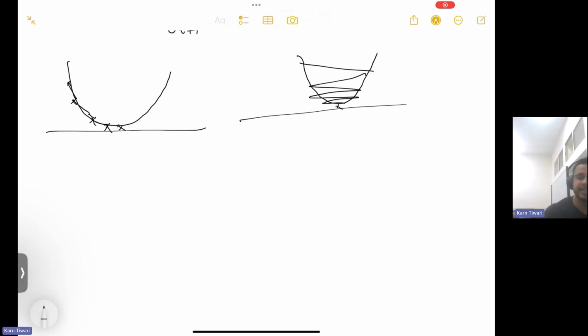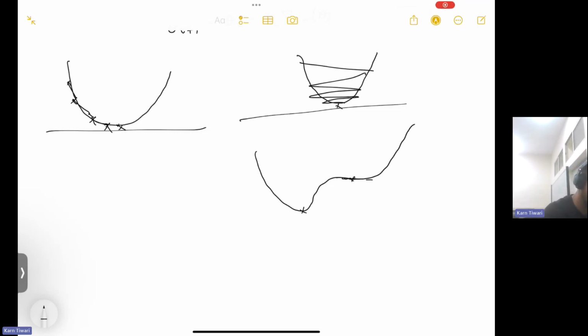And also this gradient descent, it all depends upon the gradient. Suppose my graph looks something like this. If I am at this point, the gradient at this point is approximately zero. I know my minima lies here. If I take a very small step, my gradient is also small.